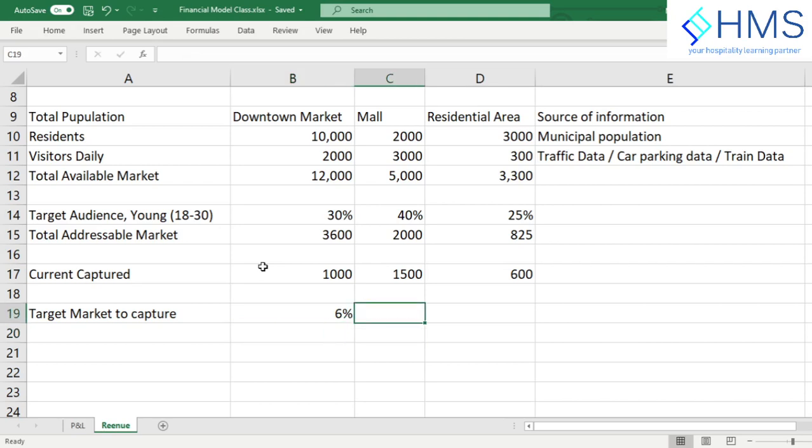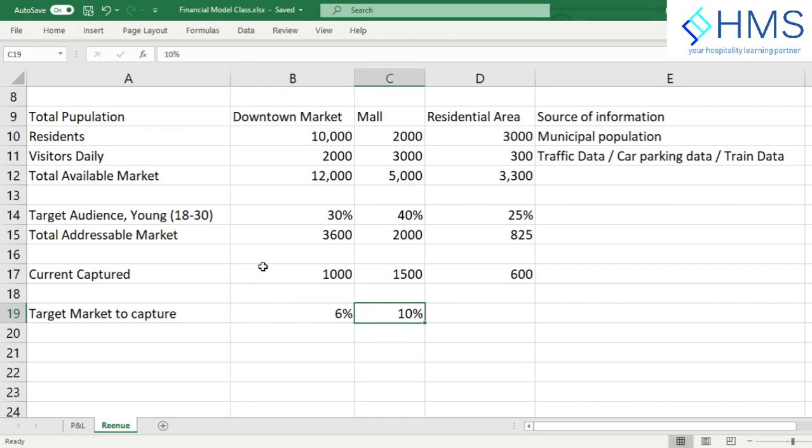Maybe if I'm in a downtown mall, I may have a different concept and I may be able to capture, let's say, 10% of the market here, because, based on your competition analysis and SWOT analysis, you may be able to say, okay, the competition in the downtown market is high because there are a lot of highly established shops.